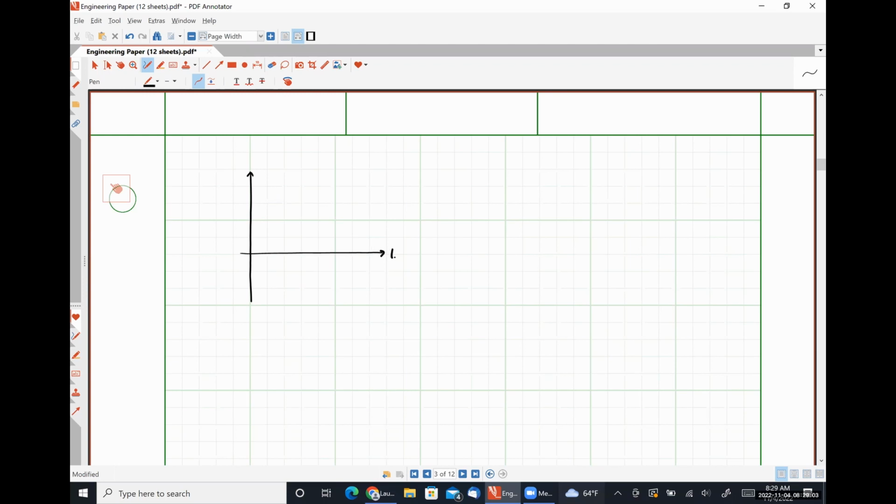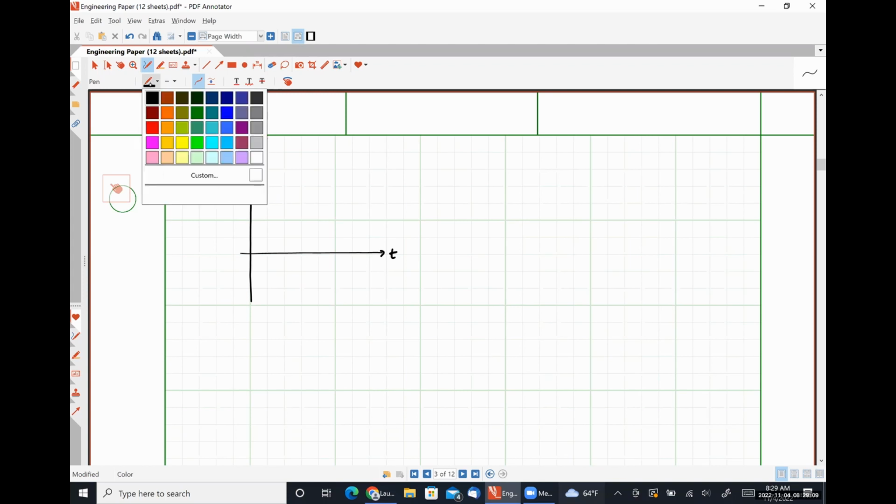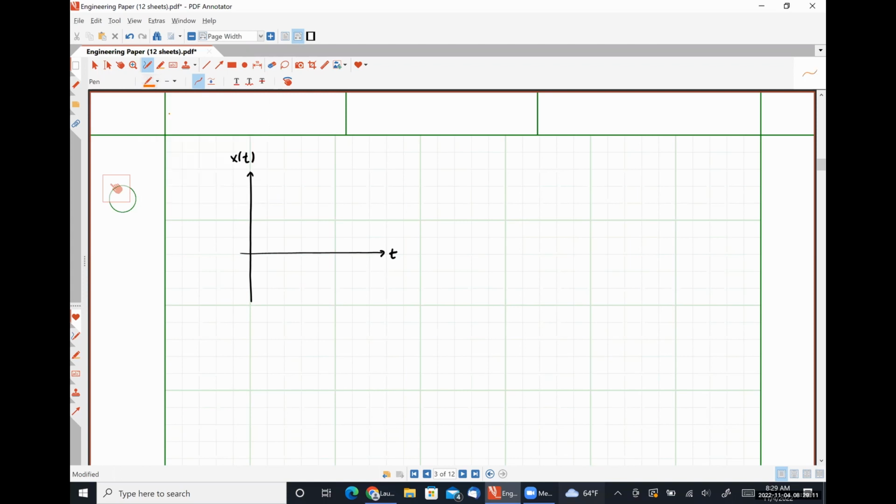Let's say that I have the following function that is defined as x of t, and it is a series of triangular pulses like so, propagating in perpetuity.